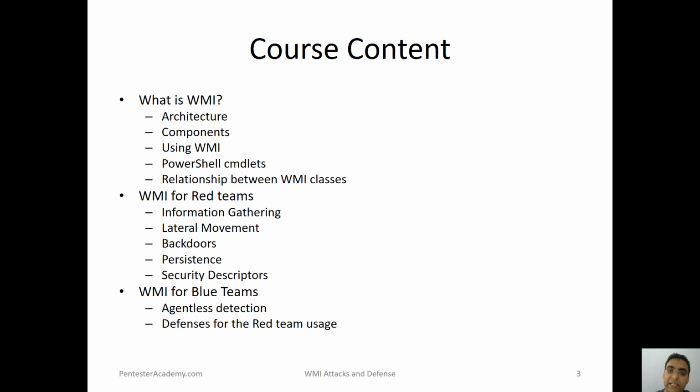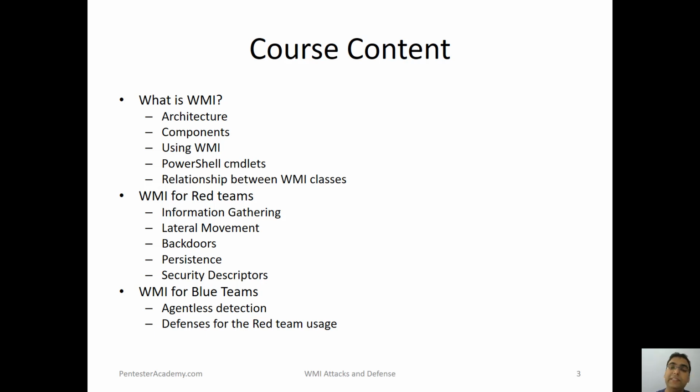Once we are done with the agentless detection part, we are going to see how the different attacks or methodologies which we see for red team can be countered. That is, we either defend against them or we detect them just using WMI. Most of the time, in both the red part and blue part, we will stick with WMI.